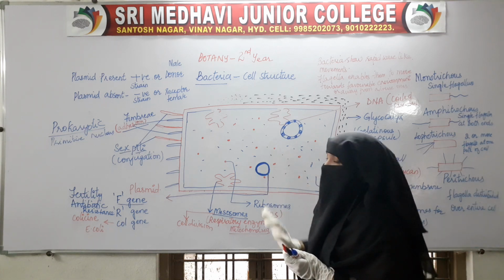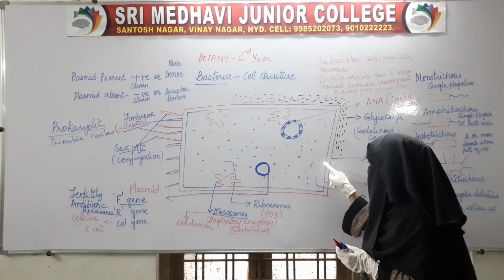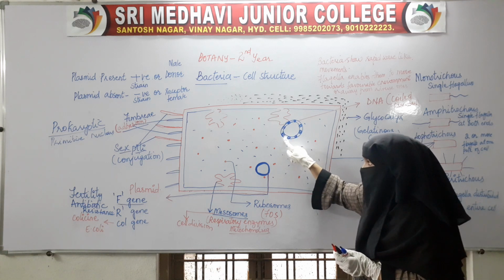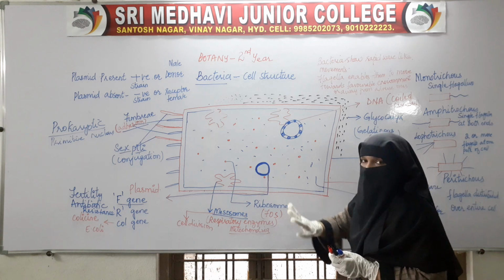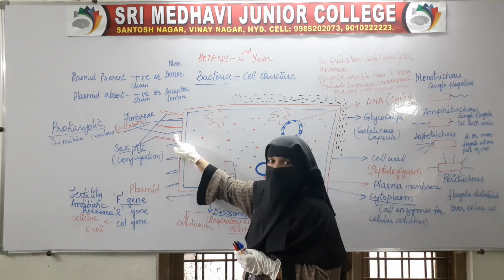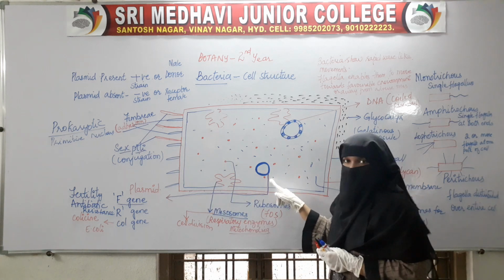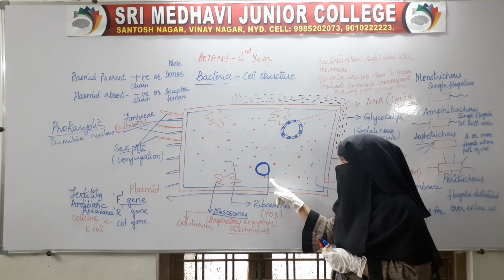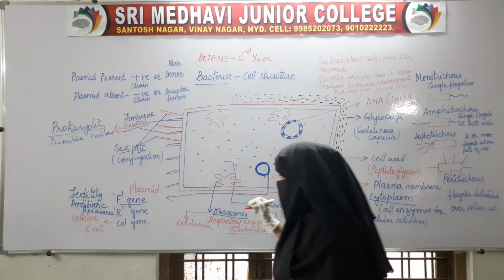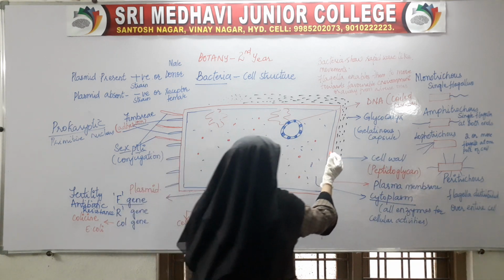Apart from all these structures, that is the cell plasma membrane, cell wall, mesosomes, DNA, ribosomes, cytoplasm, and in a few, fimbriae for adhesion, and in a few, plasmid. Here, apart from all this, on the cell wall we also have flagella.